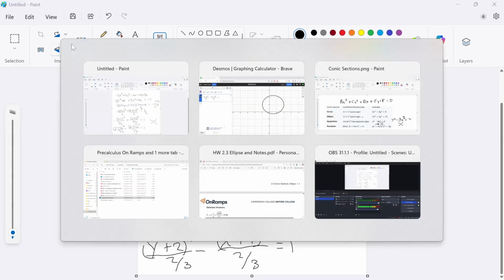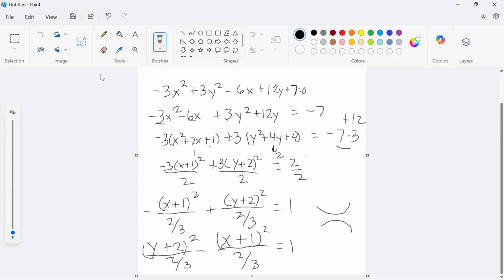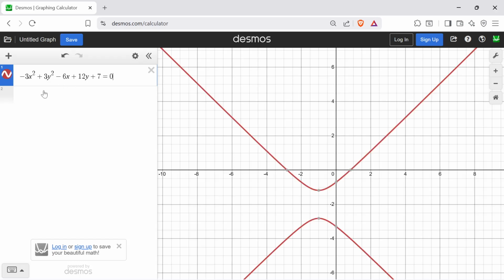And let me double check just to make sure. Negative 3x squared plus 3y squared minus 6x plus 12y plus 7 equals 0. I get that hyperbola.